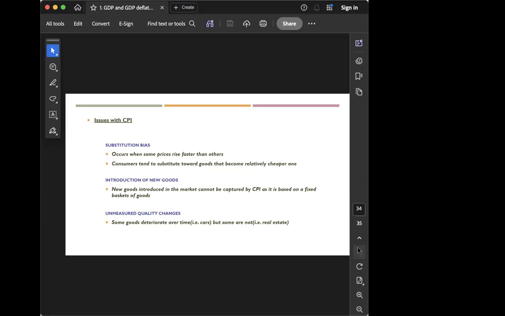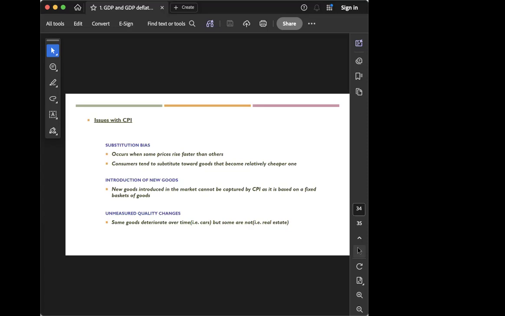The last issue is measured quality changes. Sometimes the price of goods rises because its quality improves for the same product. For example, let's suppose I bought a phone today, and it is more expensive than a phone years ago, because it has much better functions.